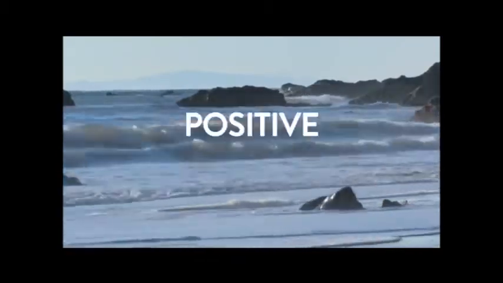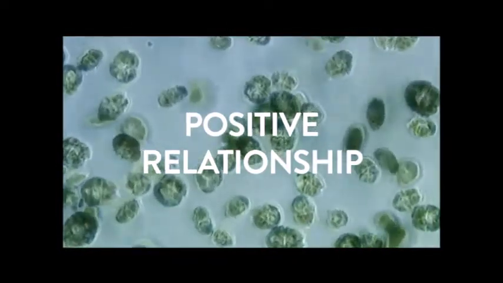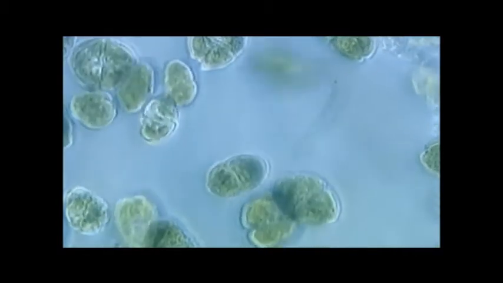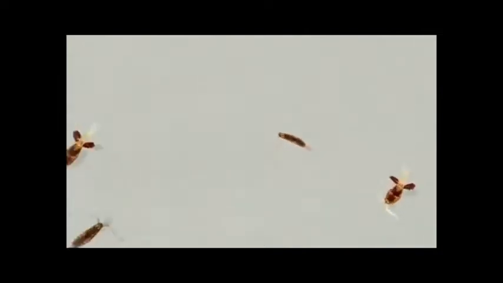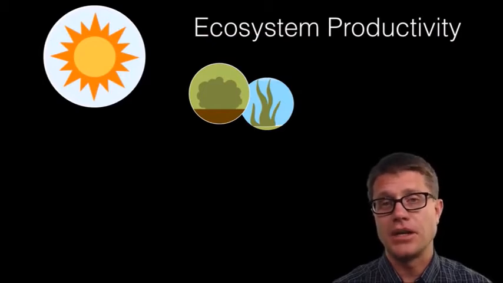They found a positive relationship between phytoplankton productivity and productivity of zooplankton. This shows that the population and productivity of secondary producers are controlled by the population and productivity of the primary producers. No matter where the energy comes from, we can measure the amount that gets into the producers using productivity.